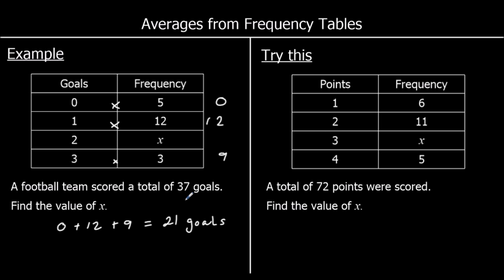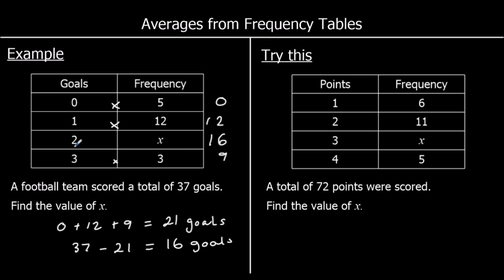So we know the total should be 37, but we've only got 21. And if we do 37 take away 21, which is 16, that tells us what this should equal. So this should be 16. There's 16 goals missing.